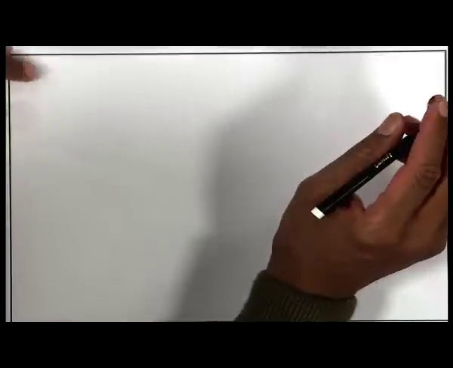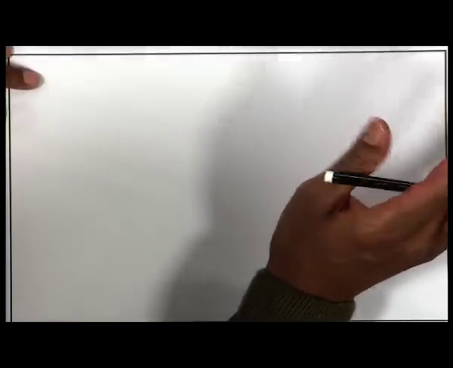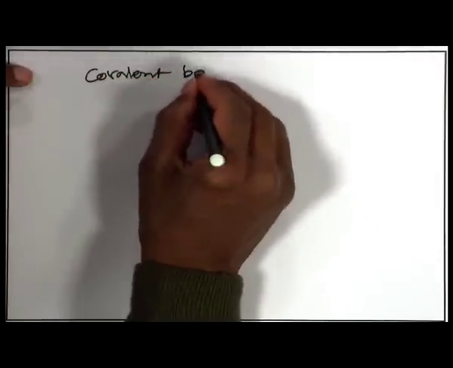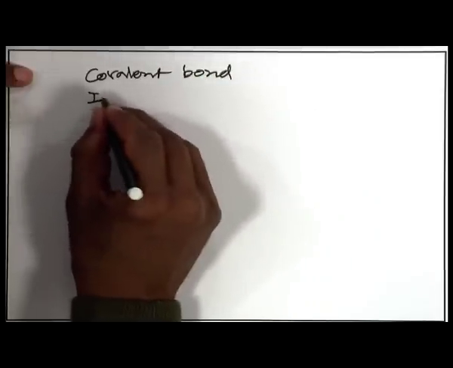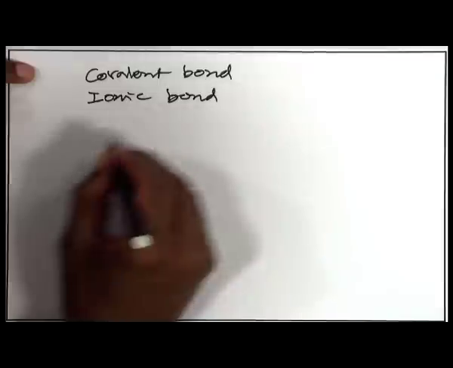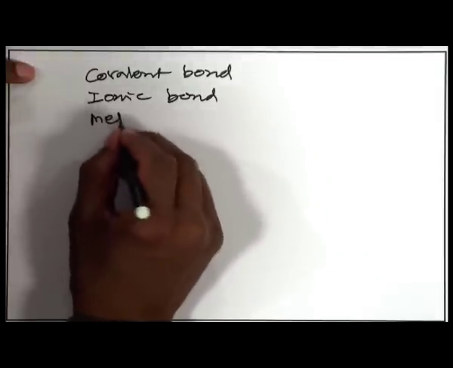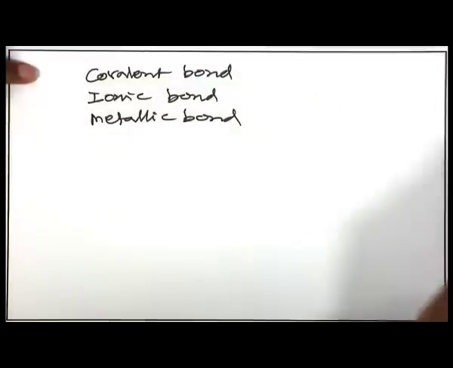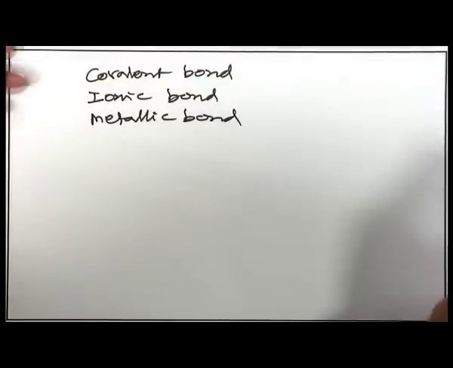That is one type of bond in chemistry. There are several types of bonds. Another one is the ionic bond, and another one is the metallic bond. There are other bonds, hydrogen bonding, and weak forces.